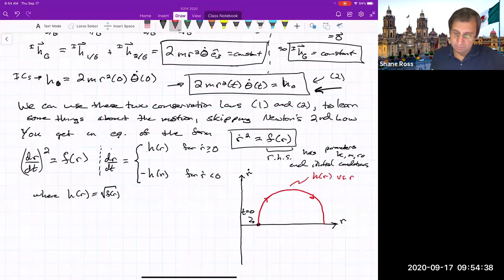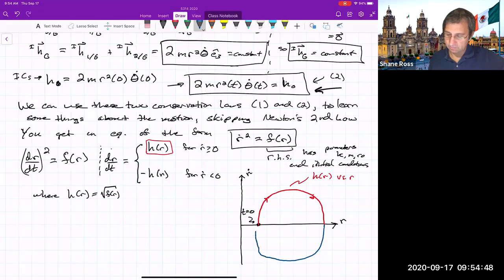So that's this part. And then the second half of a cycle is its mirror image, it's negative. This is negative h(r). I used the term turning points last time.